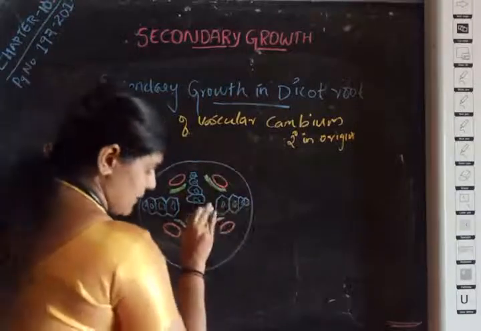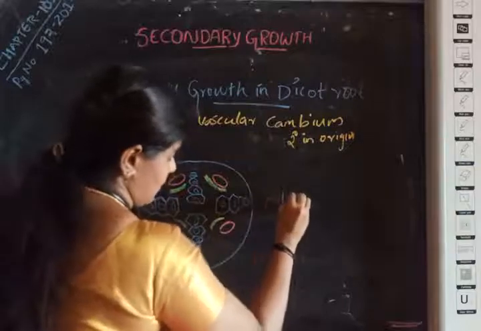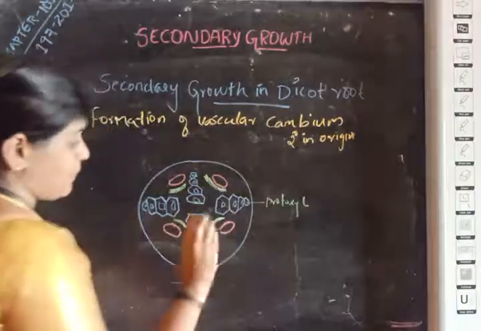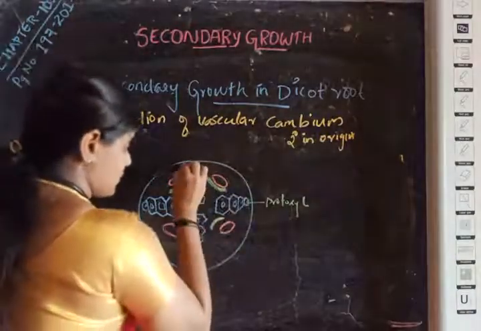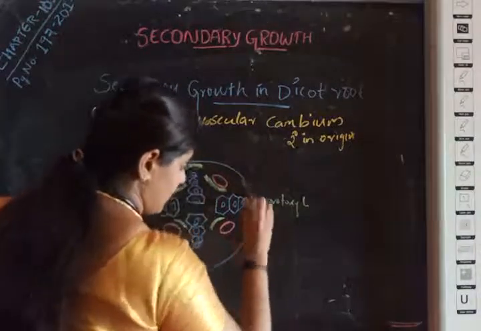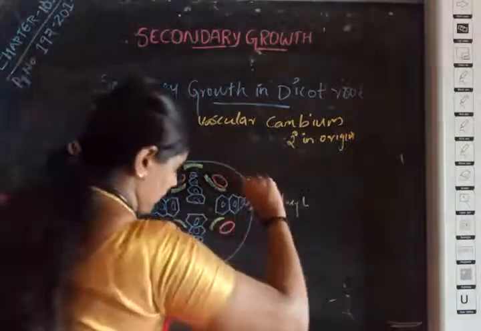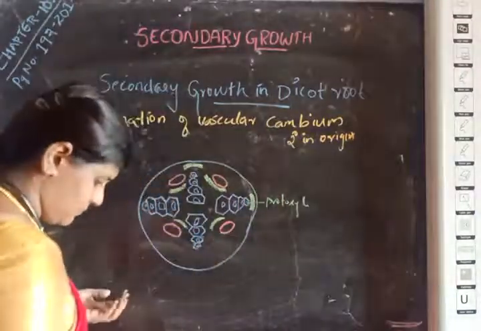We know that this is metaxylem and these are the protoxylem. And the pericycle tissues found just above the protoxylem are called protoxylem.